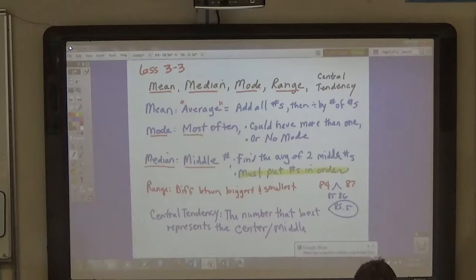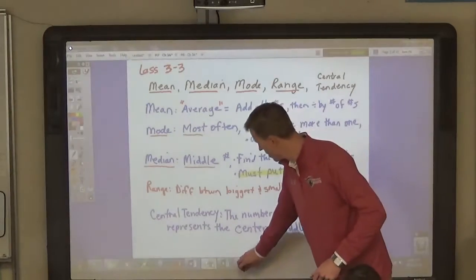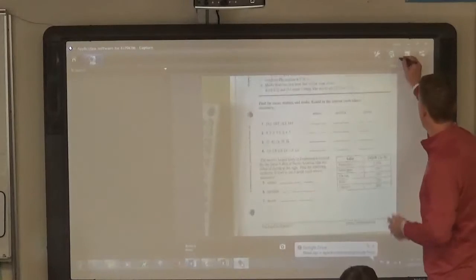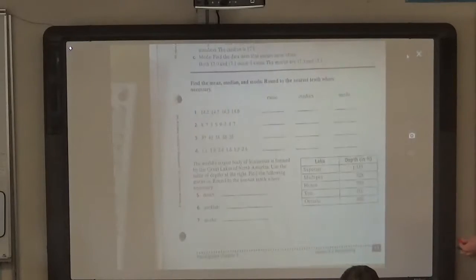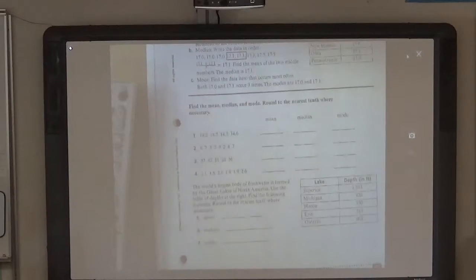Now, on your assignment, I'll come back to the notes if you need to copy those later. But let's look at the assignment together. So, we're given some numbers. Number 1, are those numbers in order from least to greatest? No, not quite.